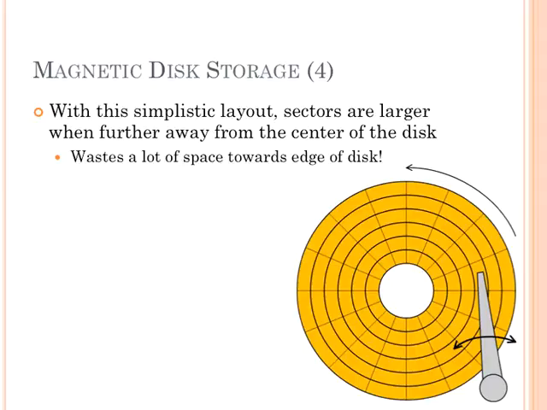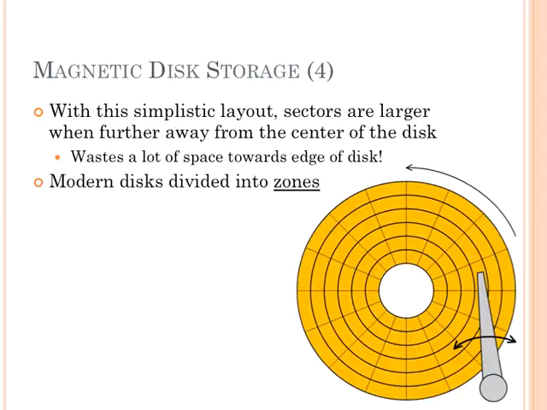Okay, yeah, so you can see that another consequence of this approach is that the further away from the center, the sectors are larger because we just have a particular angle that tells us where the sectors are. And so over time, people realized, well, this is wasting a lot of space. What would be really cool is if we could figure out how to pack more sectors around the outside of the drive than around the inside of the drive.